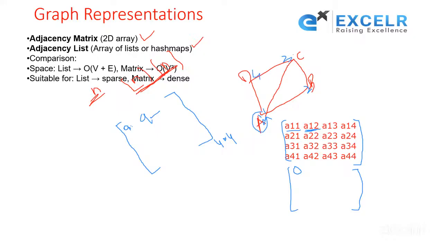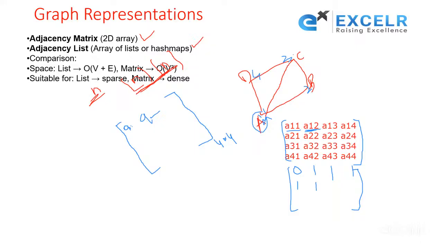Is there any edge between 1 to 2, or A to B? Yes, so it would be 1. Is there any edge between A to C? Yes, there is one more edge. Is there any edge between A to D? Yes, there is an edge. Similarly, is there any edge between 2 to 1? Yes. Is there any edge between 2 to 3? Yes, there is this edge.